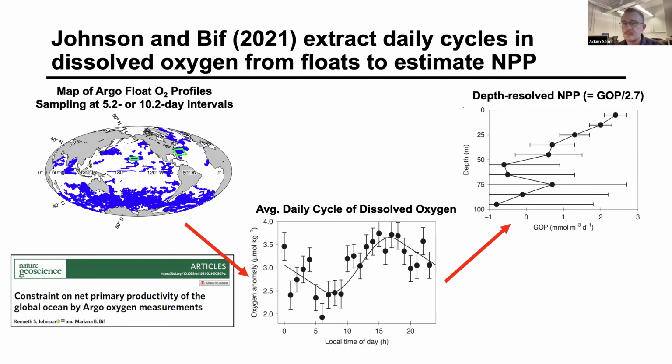That's pretty much in line with what satellite models give as a global total. This is really useful information because we can get at that subsurface profile and production that otherwise we can't observe with satellites directly.